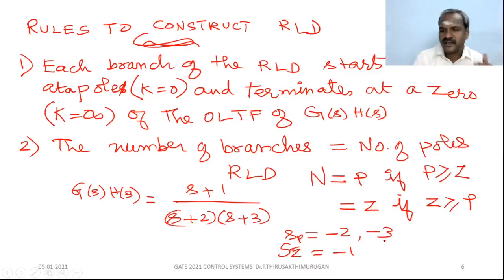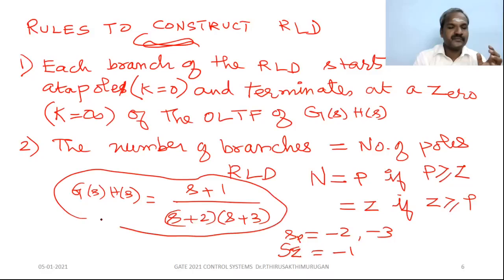So how many poles are here? Only 2 poles. So there will be 2 branches. Understand or not? For the RLD of this system, the number of poles equals 2, so the number of branches equals 2.